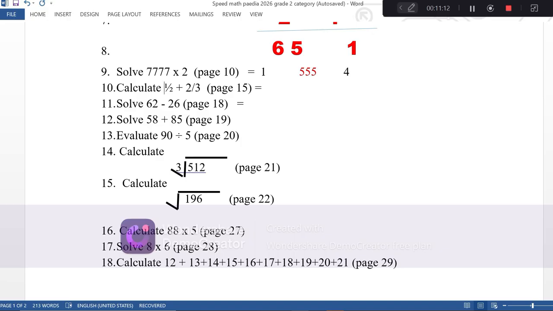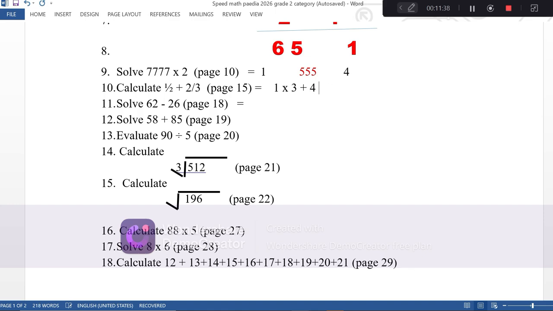This 1 will multiply this denominator, which is 3. So we have 1 times 3 plus. Then see another one again. The numerator here will multiply the denominator here. So 2 times 2 is 4.